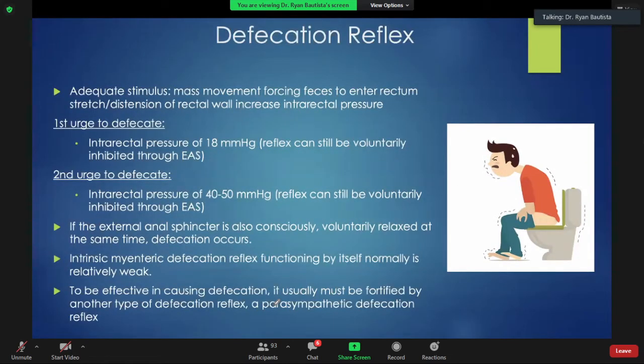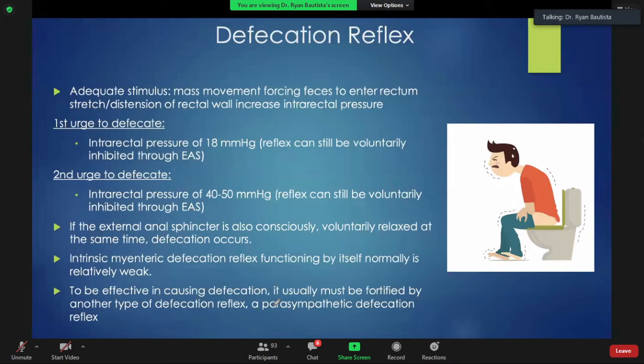Now, the first urge to defecate is when the feces reaches an intrarectal pressure of 18 mmHg. But that reflex can still be voluntarily inhibited by your external anal sphincter. Pressure rises to your internal and external anal sphincter, right? At 18, you can still hold that feces in.